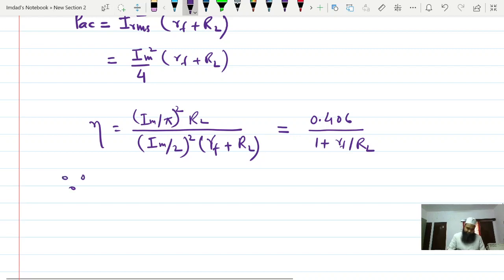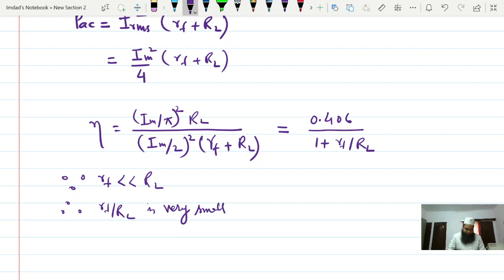Since forward resistance is very less than RL, therefore the ratio RF by RL is very small as compared to 1 and can be neglected.